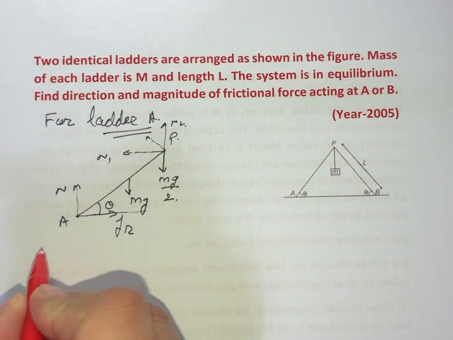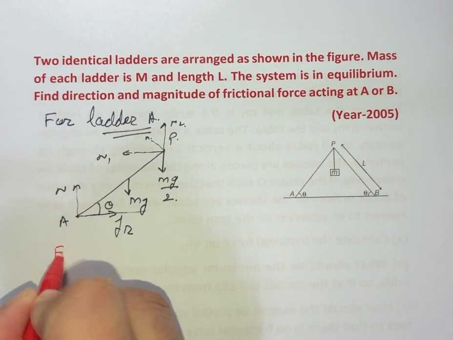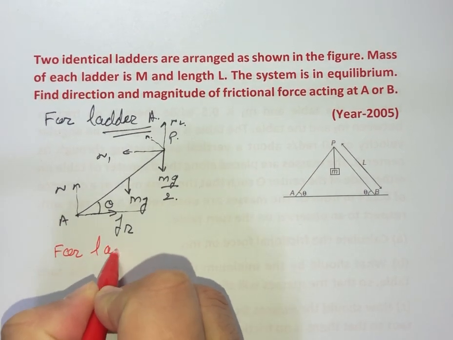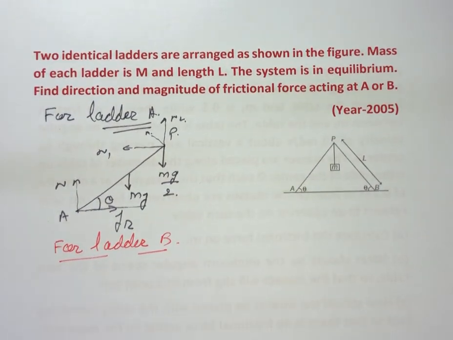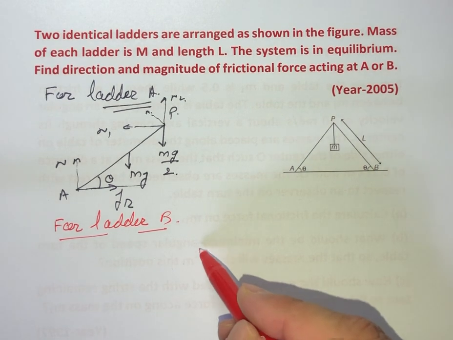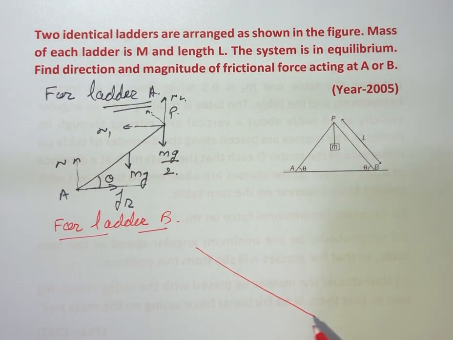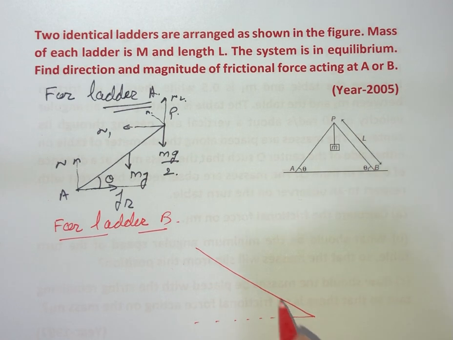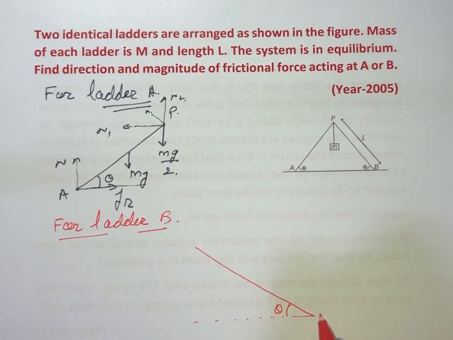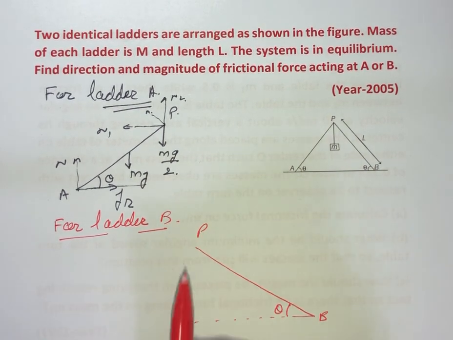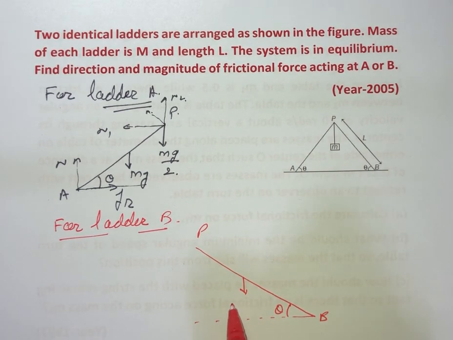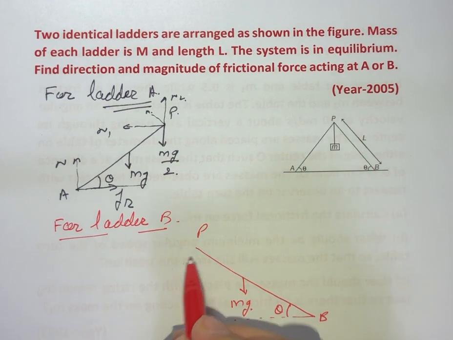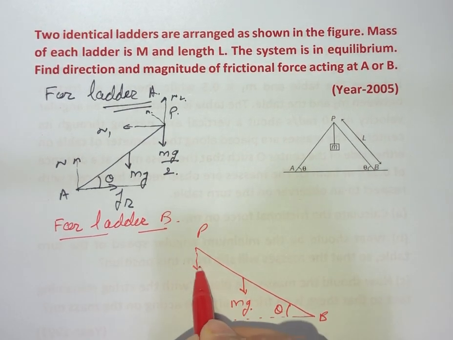Similarly, we can draw for ladder B. So this is our ladder B, angle is theta, this is point B, and this is point P. Here also in the downward direction there will be mg by 2, the second equivalent part of small mass m.